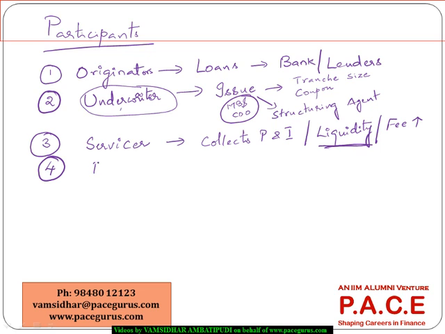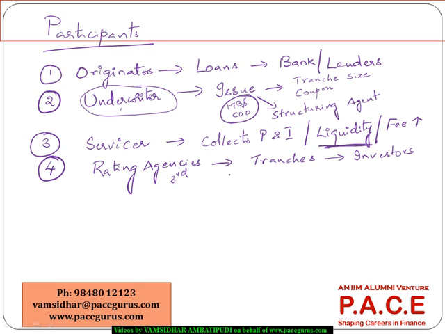Similarly, we are talking about another major entity in this process called the rating agencies, who are responsible for rating the various tranches. They provide the rating to the various tranches, which helps the investors take their decisions quite comfortably, because they are typically third parties.